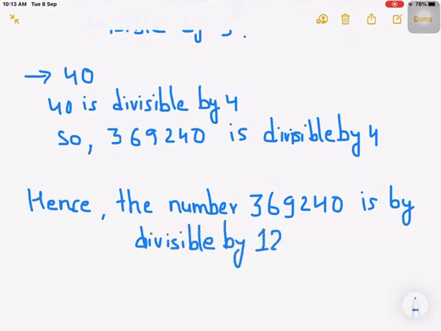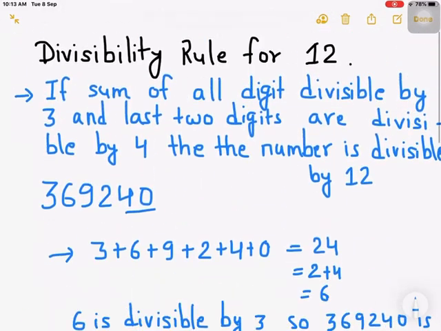Yes, this is the condition for the divisibility rule for 12.